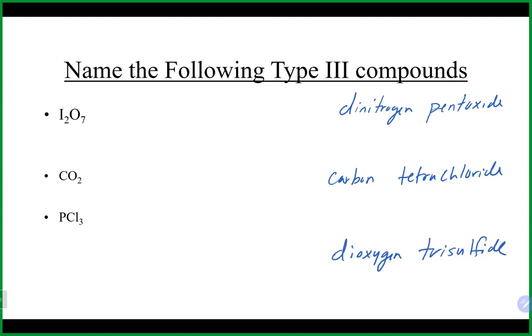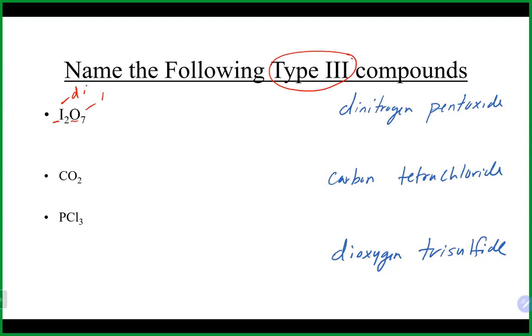Okay, let's take a look at these here and see how we're doing. So first thing, we want to identify what we're dealing with. I is a nonmetal, O is a nonmetal. So that automatically tells us it's type 3. We should use some prefixes. Remember, there's really nothing to balance in terms of charges. Pretty much just need to pick the right prefix for how many is there. So we have 2 for the first one, so that is a di for the prefix.